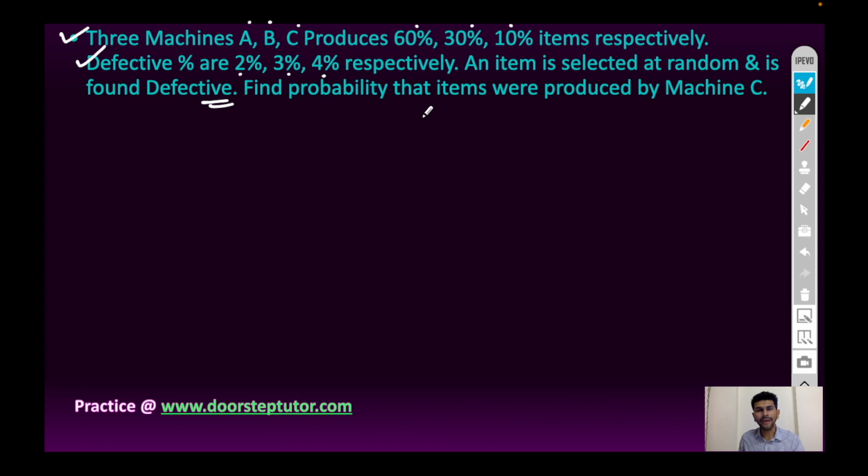Find the probability that the item was produced by machine C. So what is the probability of getting a defective product out of machine C? We have to reverse it and calculate the probability of machine C given a defective product.